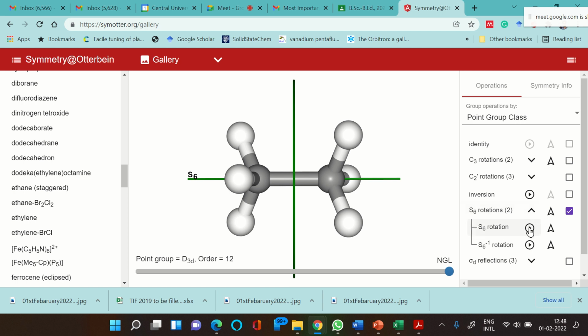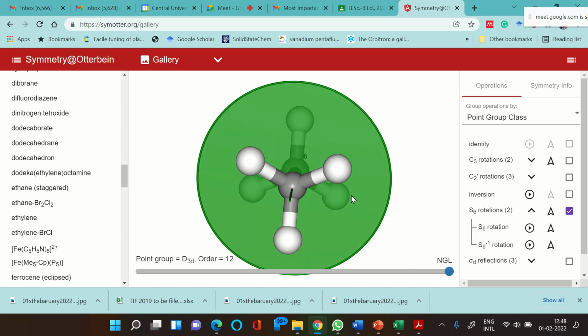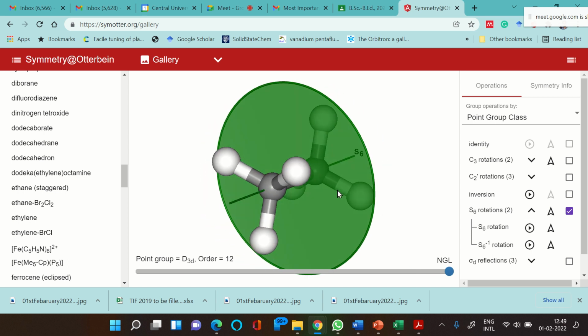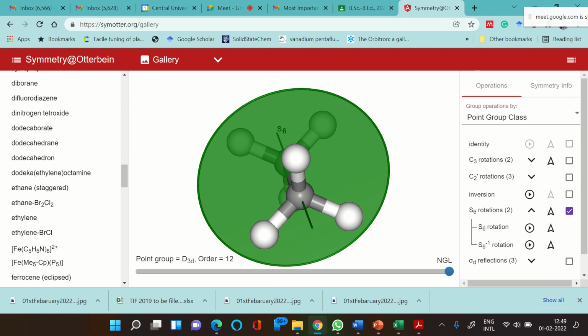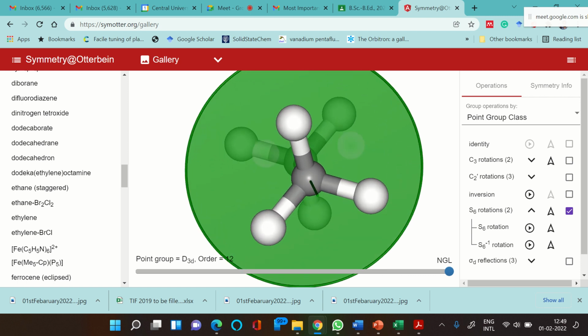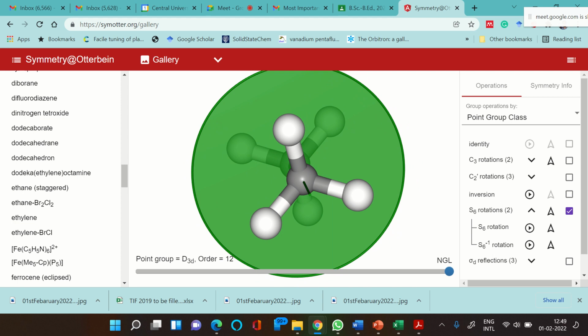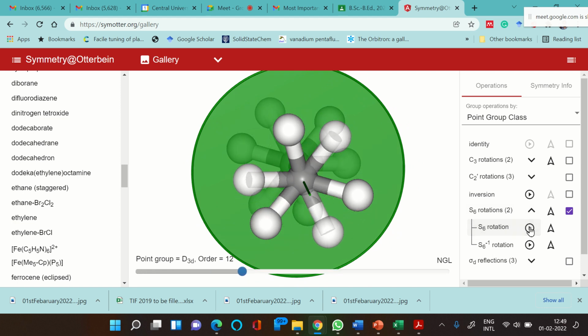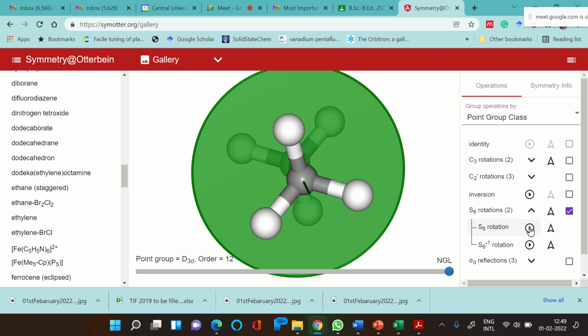If you visualize this, rotation and then reflection. Let me change this axis. So when we are saying this, it is rotation by 60 degrees and then reflection. So this is the visualization that you should have.